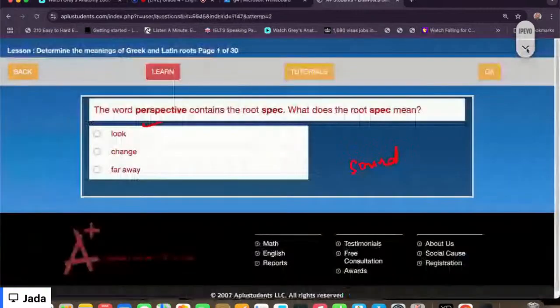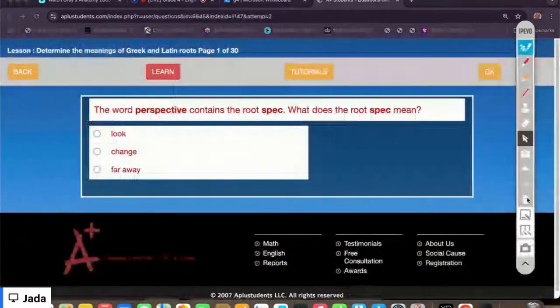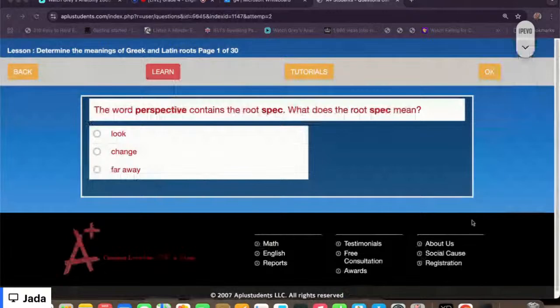Okay, so we will start now and then you can share your answers with me. The word perspective contains the root spec. What does the root spec mean? Look, change, or far away. What do you think it means here?